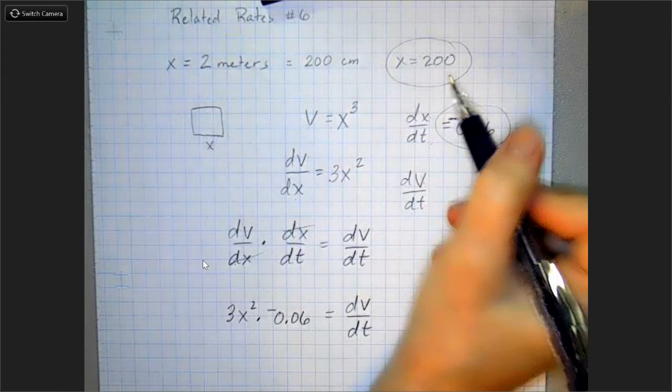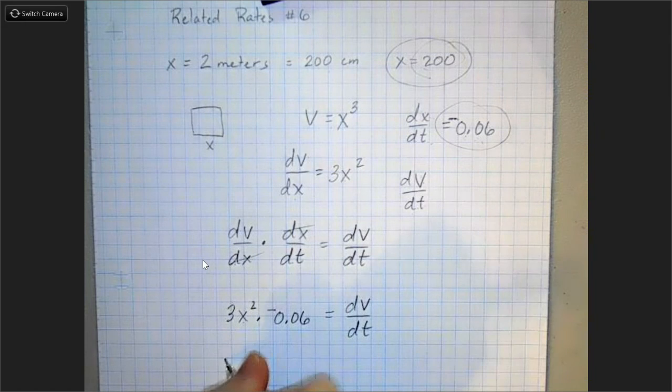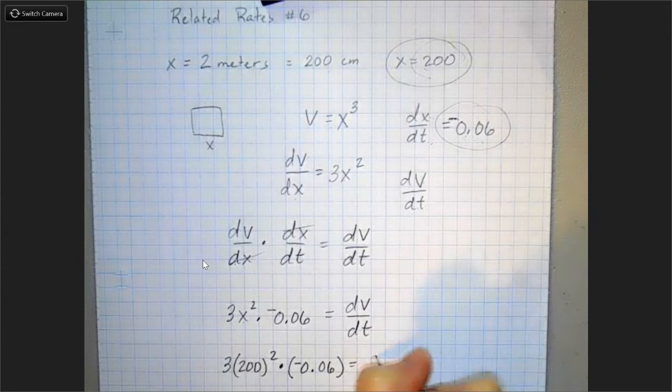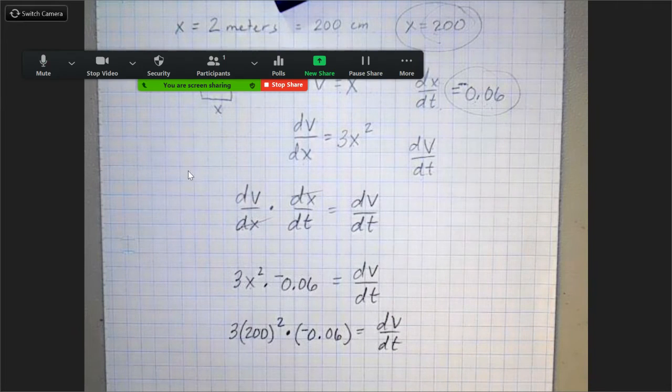So that would be x is equal to 200. So my x is going to be 200. So I'm going to go 3 times 200 squared times, now let's put it in parentheses, negative 0.06. That should give me my dV/dt. So before I bother taking out my calculator, I can go ahead and go back to Mathspace.